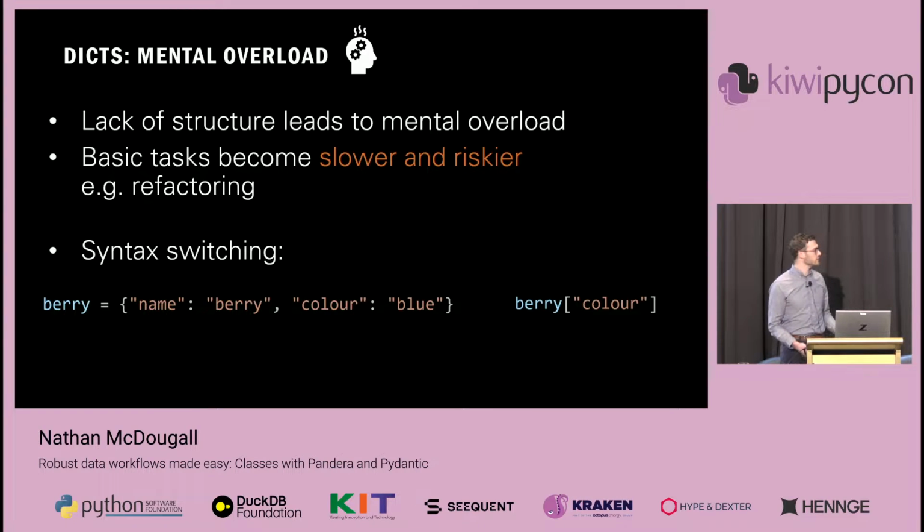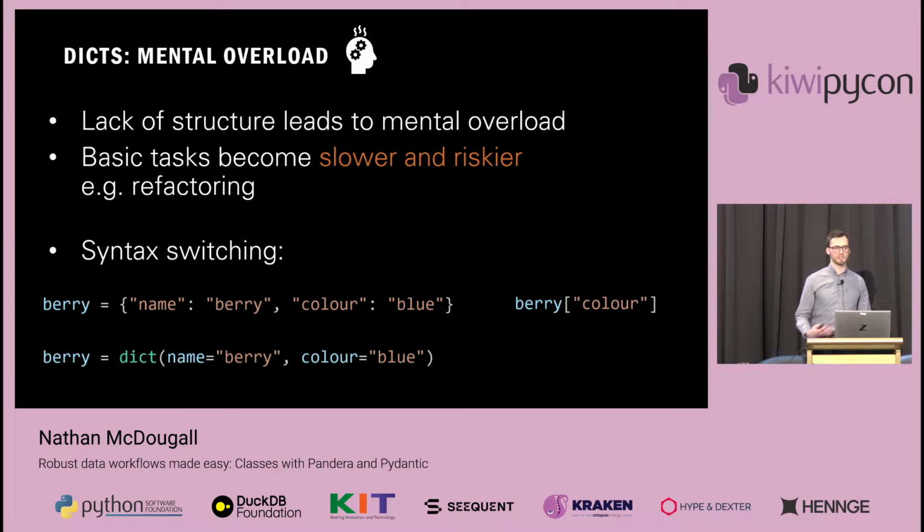So another thing you might be suffering from with the mental overload is the syntax switching, and this is peculiar to dictionaries. And some people might not be bothered by this, but it's worth mentioning. There are different ways to construct a dictionary, so you've got that standard curly brace syntax, but then you've also got this more object-oriented style, which has some advantages. They both have pros and cons.